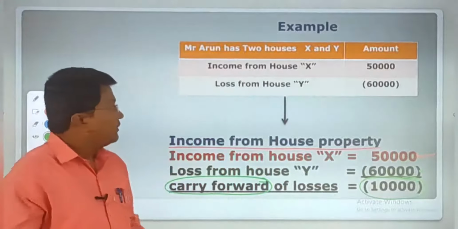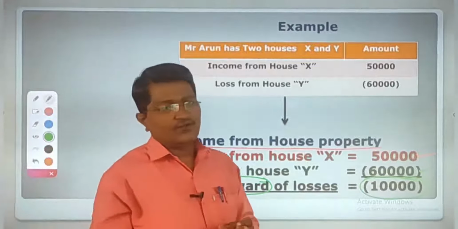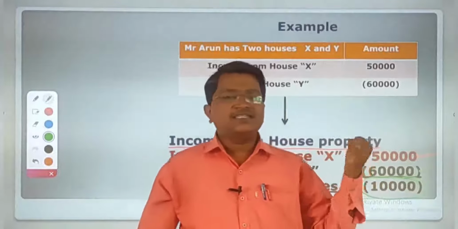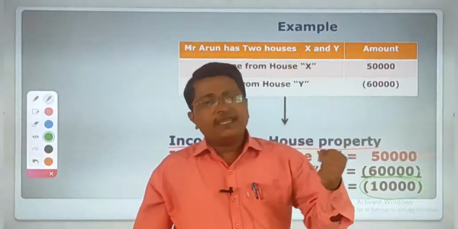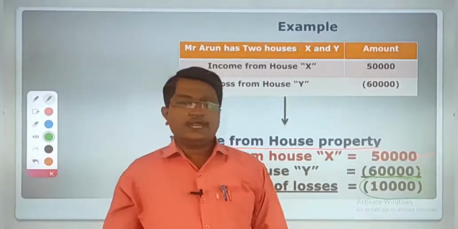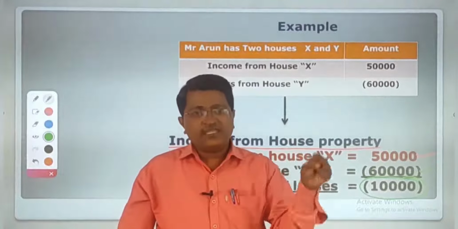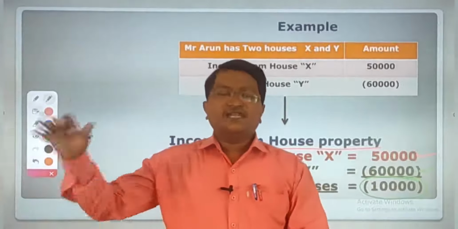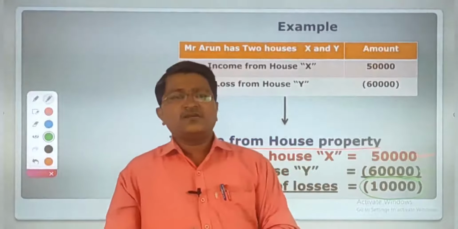So I hope you come to know the meaning of set off as well as carry forward. Set off means adjustment of losses with the same head or with other head. If it is not possible to set off in the current year, then such loss can be carried forward for the next year.